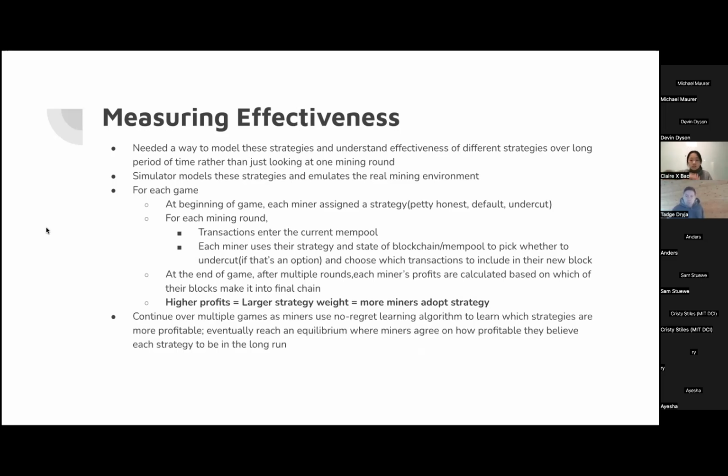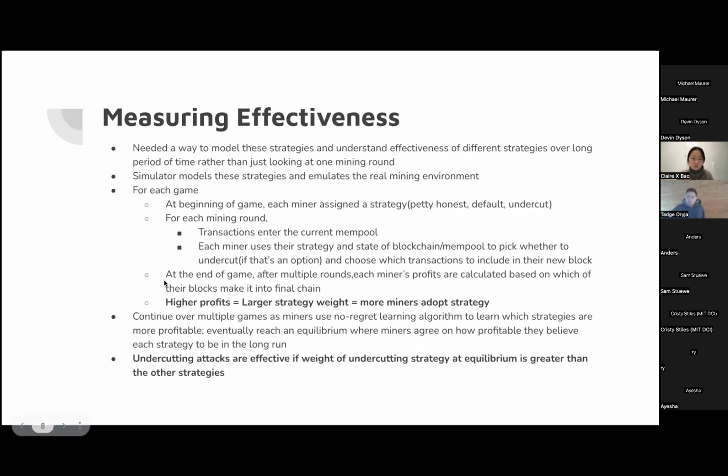This continues and repeats multiple times over multiple games as miners use a no-regret learning algorithm to gradually learn which strategies are actually more profitable over an extended period of time. Eventually, towards the end, it'll reach an equilibrium, which signifies that miners agree in general on how effective and profitable each of these strategies are.